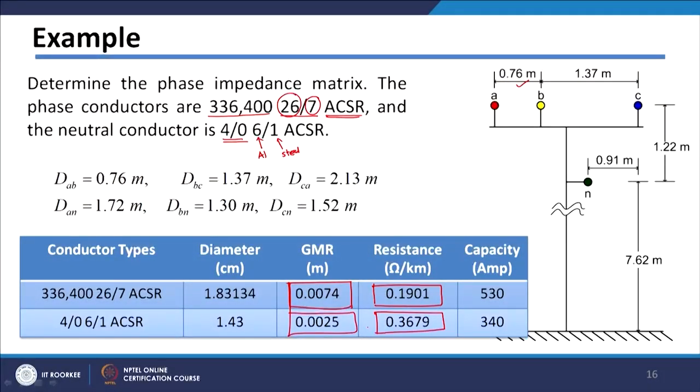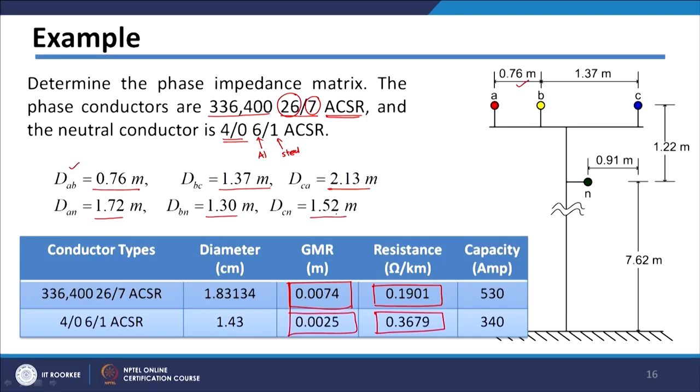Basically these two things are required in Carson's equations, and you can easily get the distances between various conductors. So, DAB 0.76 meter, DBC 1.37 meter, DCA 2.13 meter, DAN 1.72 meter, DBN 1.3 meter, and DCN 1.52 meter.